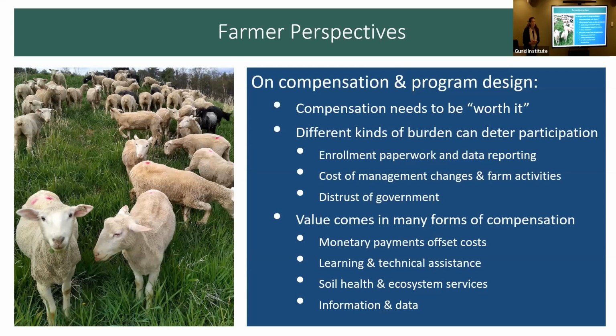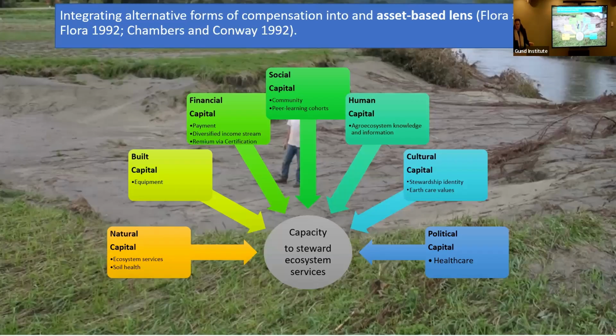They talked about the increase in soil health being of value to them. And a lot of people said they would do things anyways, they didn't need to be paid. So there's already strong potential for reinforcement of existing stewardship ethic. And then farmers are always jazzed about data. They're excited about that.